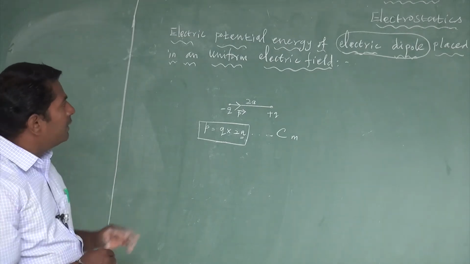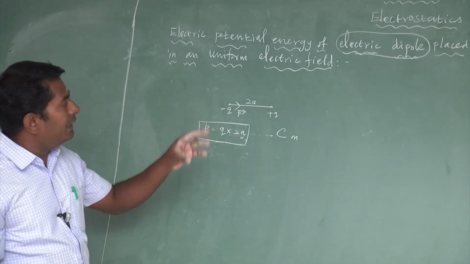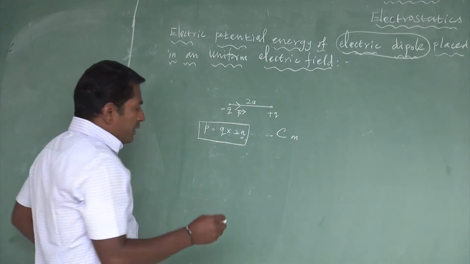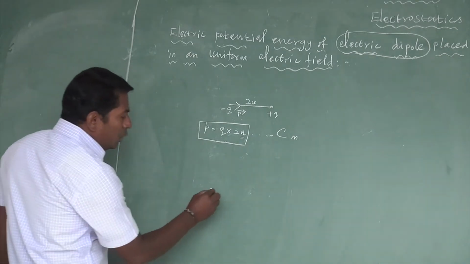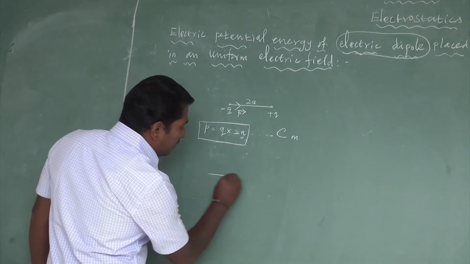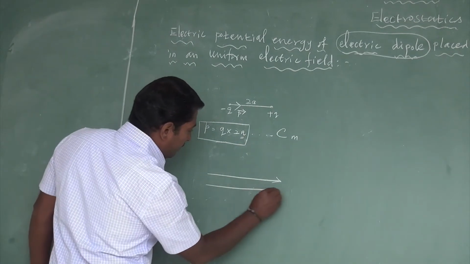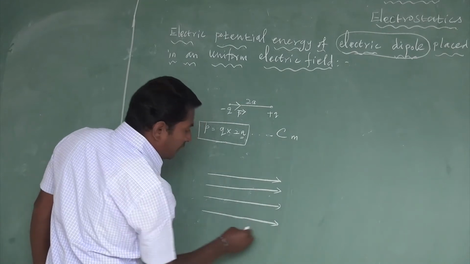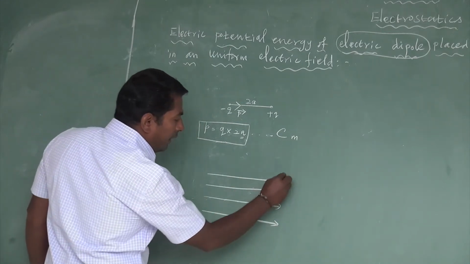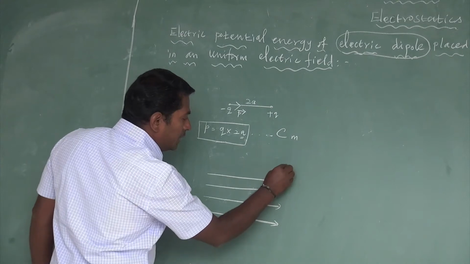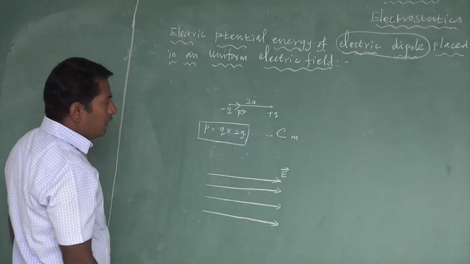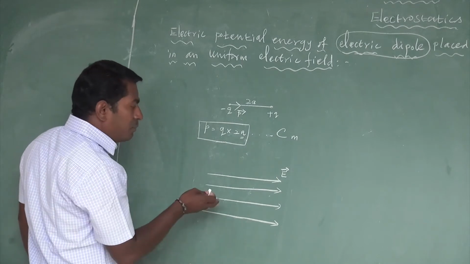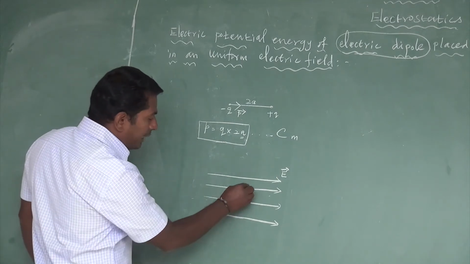But the topic here is the electric potential energy of an electric dipole placed in a uniform electric field. Let me assume a uniform electric field, shown by straight and parallel lines. Let me assume an electric dipole is placed in this uniform electric field.